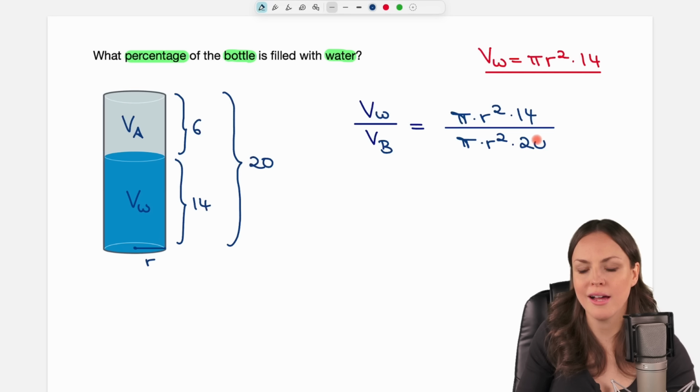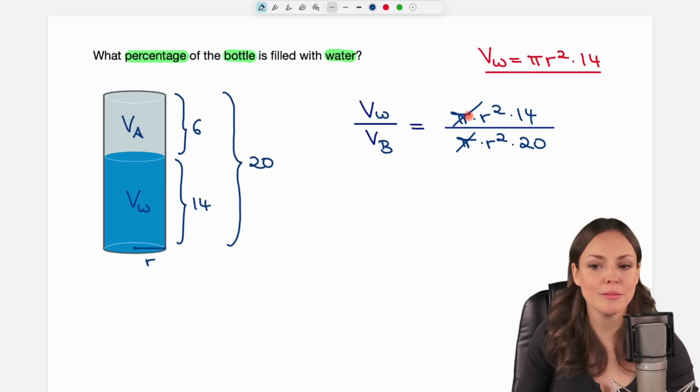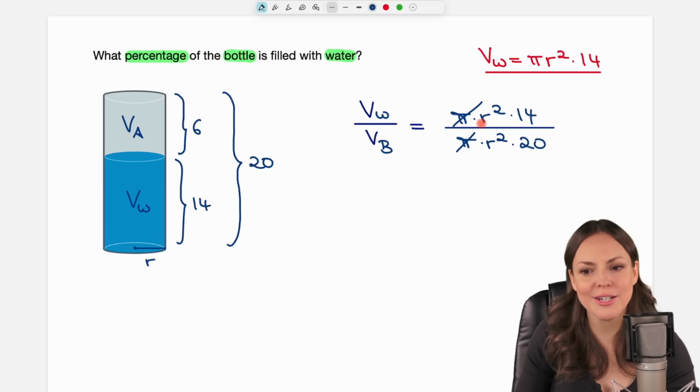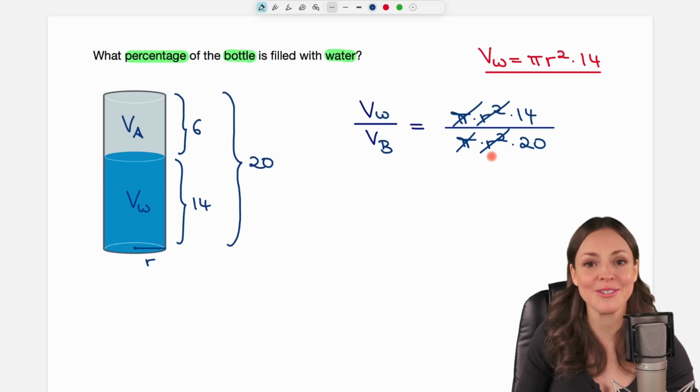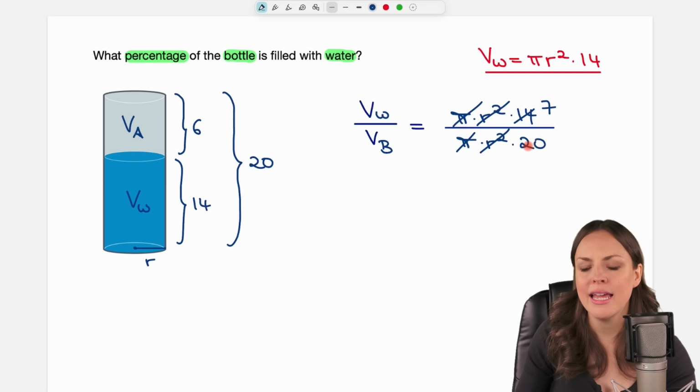So this is what we have here. And now we can cancel some things out. I mean, pi was not the issue, but actually r was the issue. We didn't know what r is, but we also don't need it, which is great. And here both numbers are divisible by 2. So 14 over 2 equals 7, and 20 over 2 equals 10. So for this fraction, we get 7 over 10.